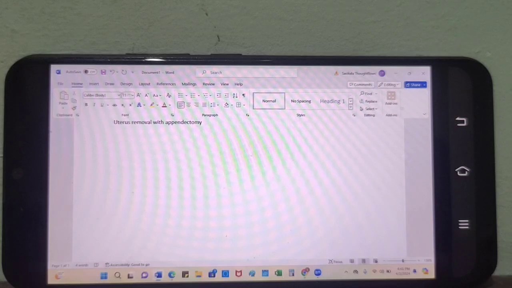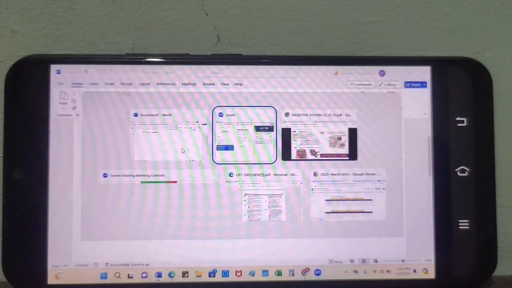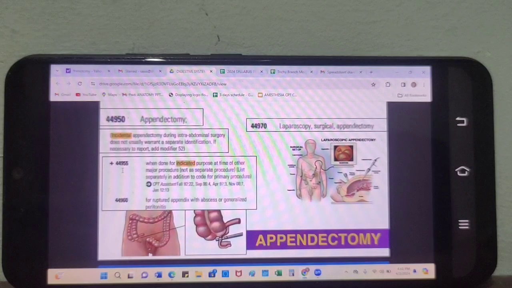Here, hysterectomy is our primary code. Followed by that, we should report the SADAN code. Did you understand the procedure?